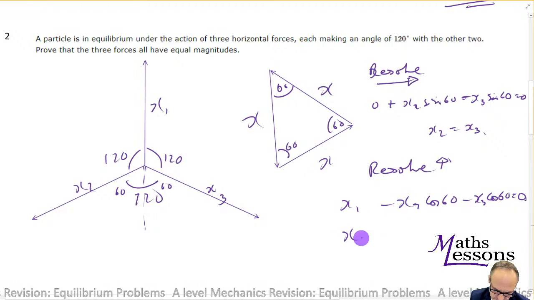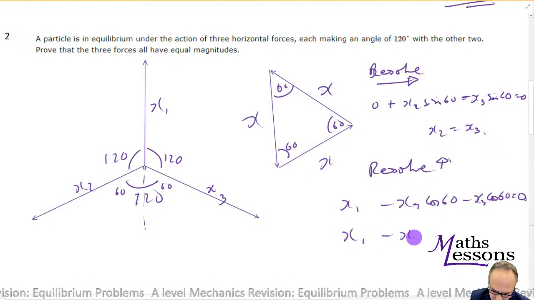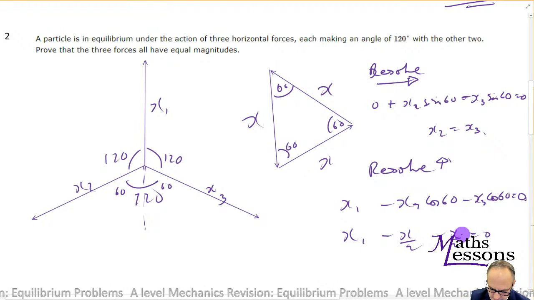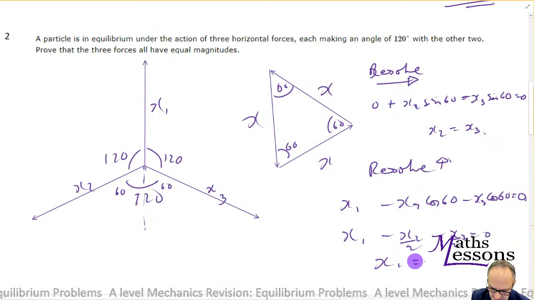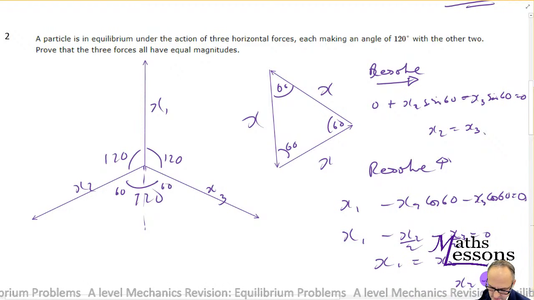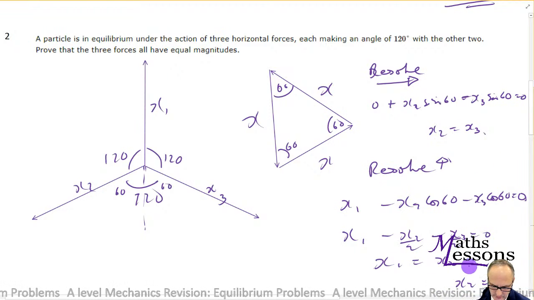Therefore, cos of 60 is a half, so we've got x1 minus x2 over a half minus x3 over a half equals naught. And we know that x2 equals x3, so x1 is effectively equal to just x2, as x2 equals x3, which we showed up here. And you can show it that way as well.